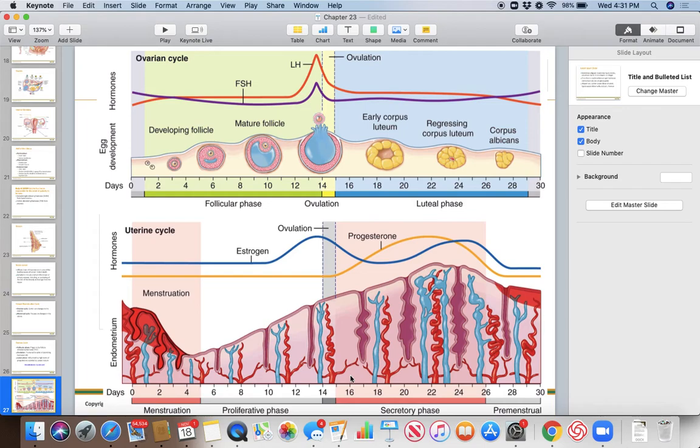The progesterone causes the endometrium to become thicker and more vascular, preparing it for pregnancy. If fertilization doesn't occur, the corpus luteum degenerates into inactive scar tissue called the corpus albicans. Estrogen and progesterone levels fall, causing the endometrium to slough off, resulting in menstruation.